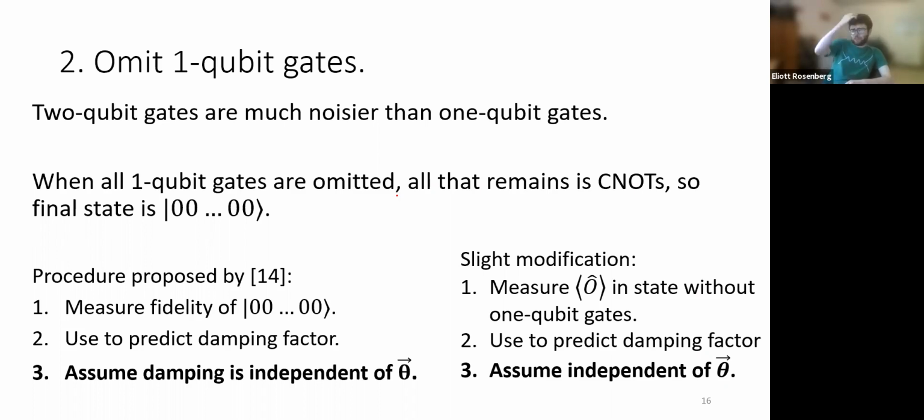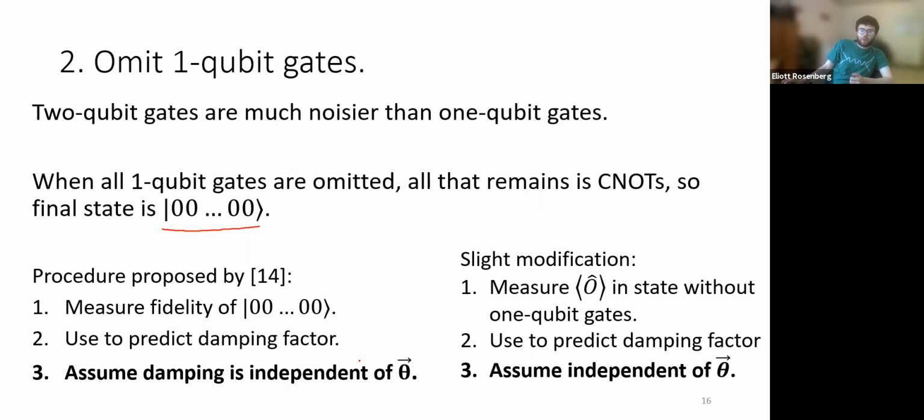The 1-qubit gates have much less noise than the 2-qubit gates. And in particular, the 2-qubit gates on the IBM quantum computers are all controlled NOTs. And so if you start in the state of all zeros, the controlled NOTs keep you in that state. And so you know what the outcome of the circuit should be.